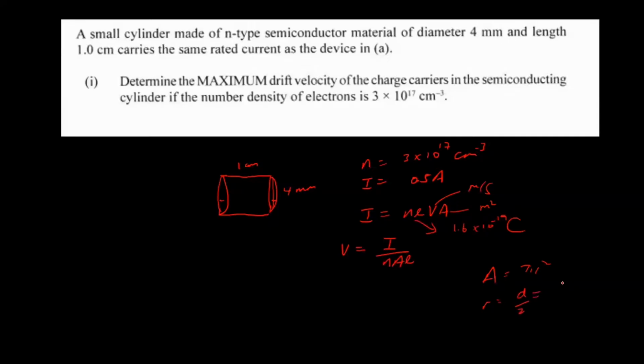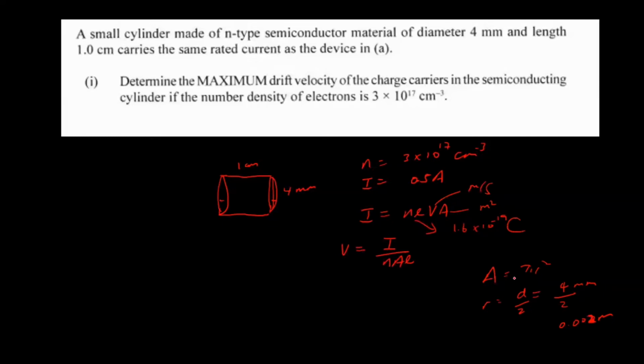You can find r from the diameter information, so d divided by 2. So we have 4 millimeters divided by 2, which is 0.002 meters, or sorry, 0.02 meters.